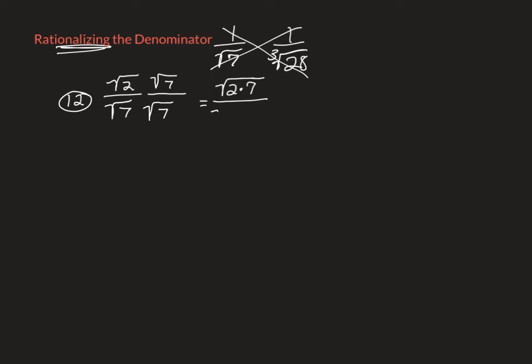And in the denominator now, I have the square root of 7 times 7, a perfect square. So the square root of 7 times 7 is 7. Square root of 7 squared is 7.